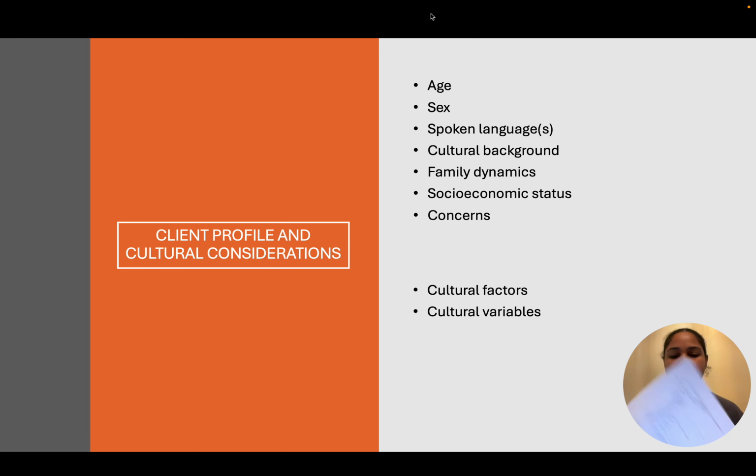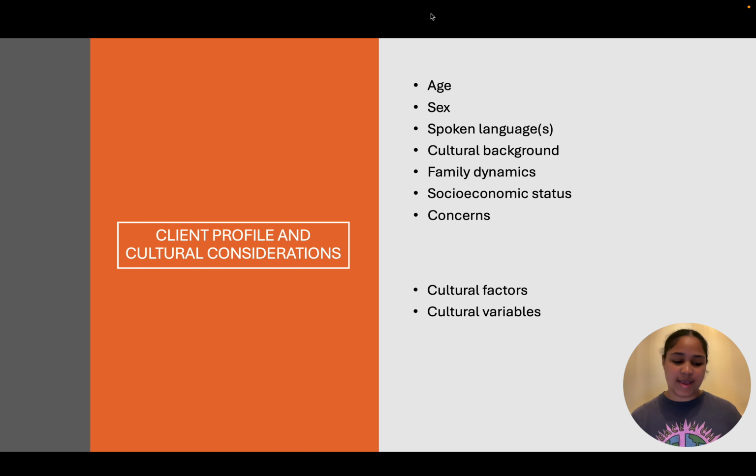So the first section of this questionnaire is the client profile and cultural considerations. For the client profile, you're going to include the client's age, sex, spoken language or languages, their cultural background, so ethnicity, race, religion, and then family dynamics. So do they come from a single parent household or a two-parent household?